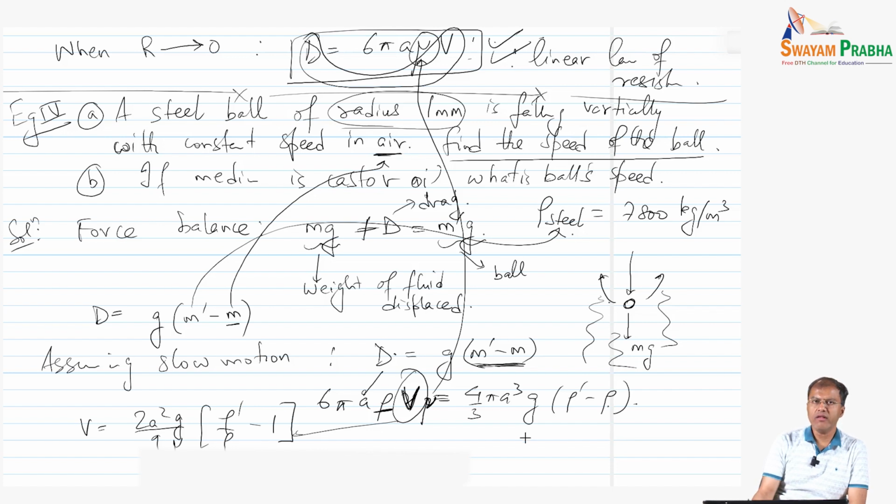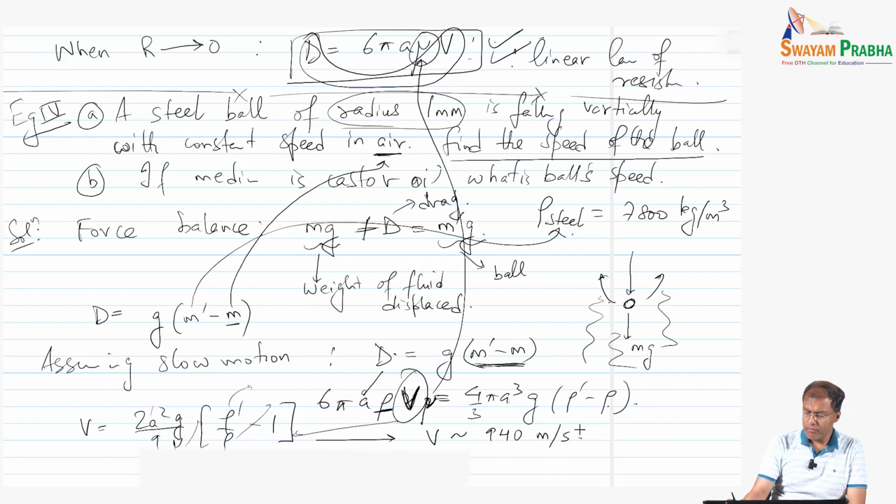After all these simplifications, the velocity comes out to be this, and now we plug in the values for steel and air: the density of steel, the density of air, the viscosity of air, the radius of the ball, and so on. After plugging in the values, we get that v is roughly equal to 940 meters per second. That's a large velocity, right?